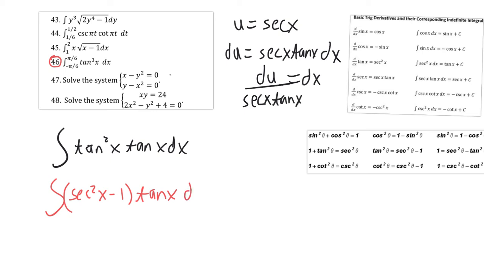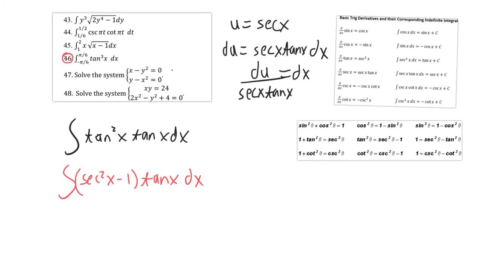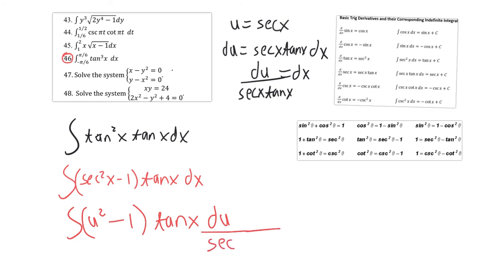So over here in red, the red integral, we would have a scenario where u is secant. So we're going to replace that with u squared minus 1. We still have this tan of x, and then instead of dx, we're going to write du over secant x tan x.